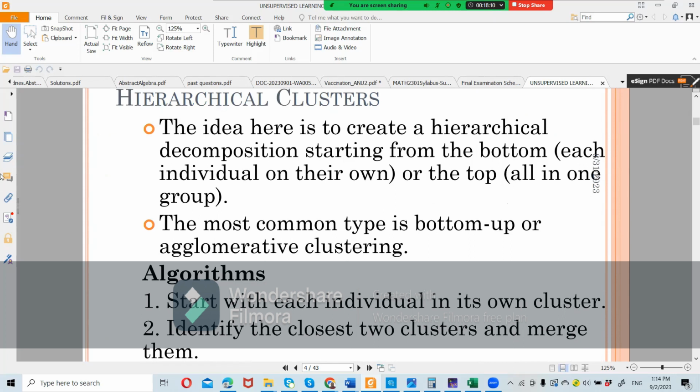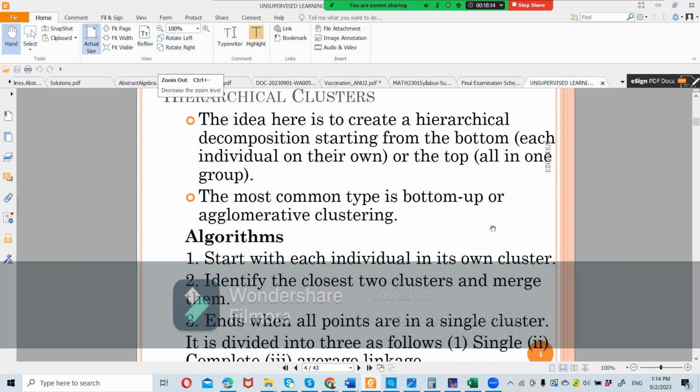In the case of hierarchical clustering, the idea is just to agglomerate, to bring out some features in a set of data, and usually it is bottom-up agglomerative clustering.